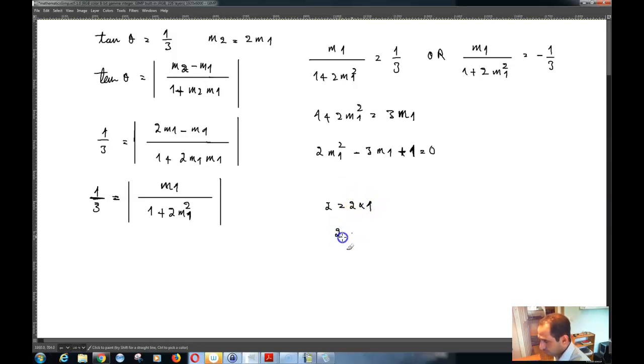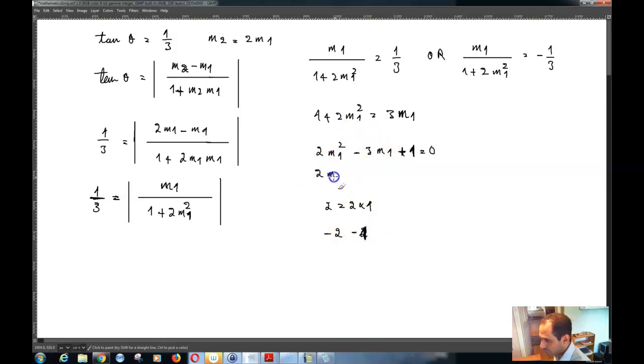So you can have two numbers, 2 and 1. 2 times 1 is equal to positive 2. And negative 2 times negative 1 is equal to positive 2, and negative 2 plus negative 1 is equal to negative 3.